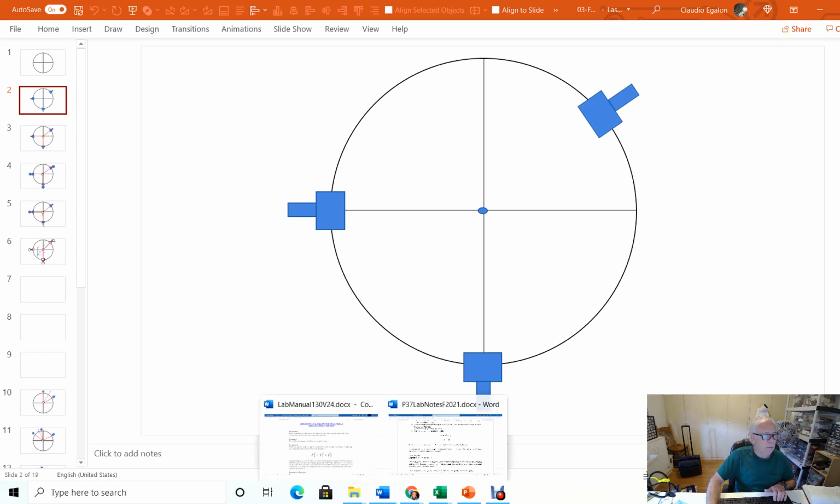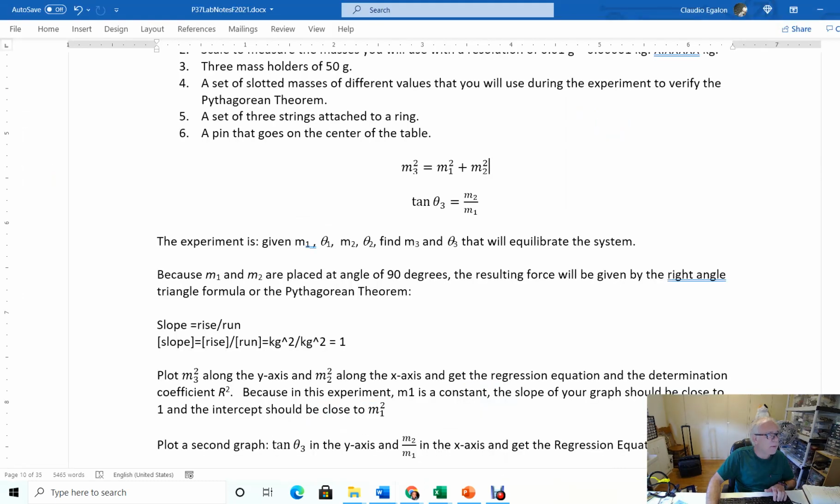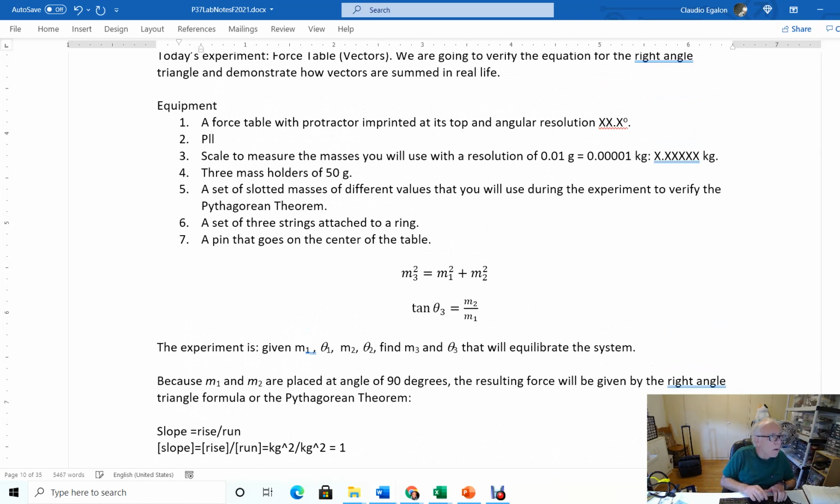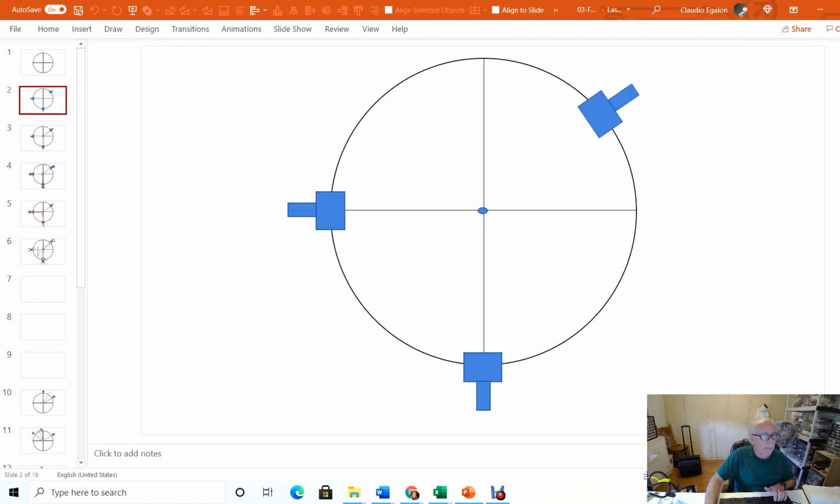So you can add that to the list of equipment: pulley with a clamp. There will be 3 pulleys with a clamp. Here's the center of the table. Here are the 3 strings that I mentioned to you, attached to a ring.